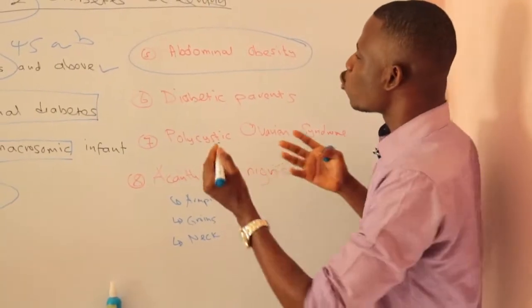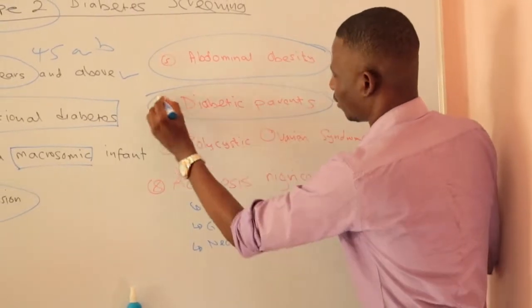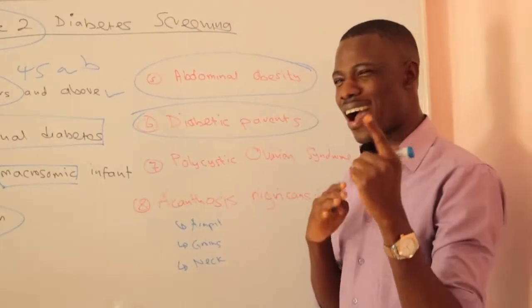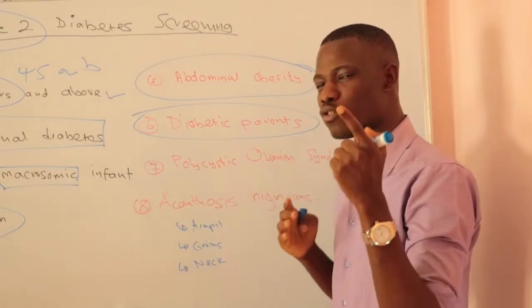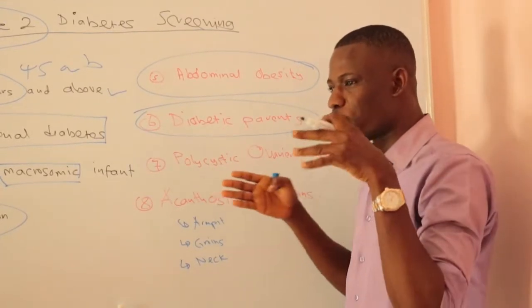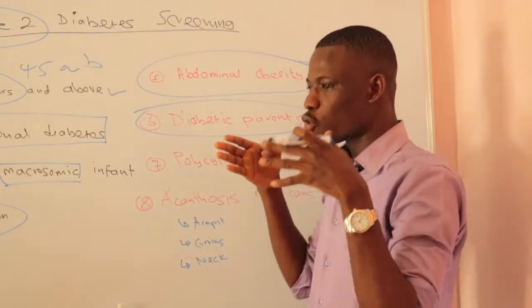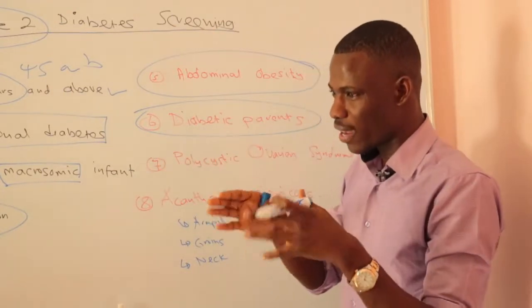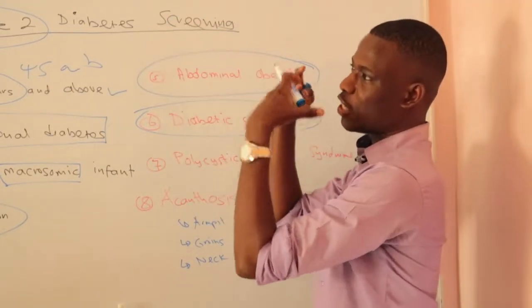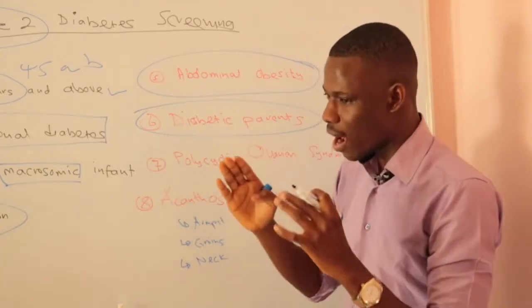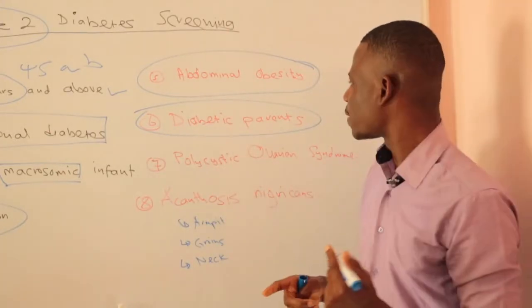And if your parents too are diabetic, know that you are at a high risk of developing type 2 diabetes, because it is your parents that have donated their chromosomes to form you. And if they are carrying the genes for diabetes, you are at high risk of developing type 2 diabetes.